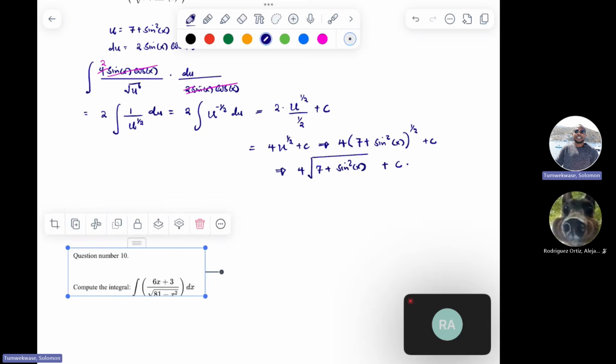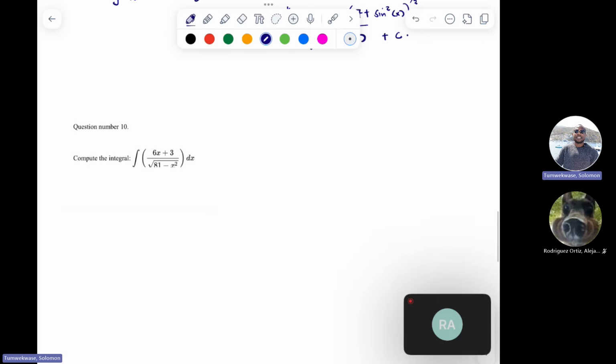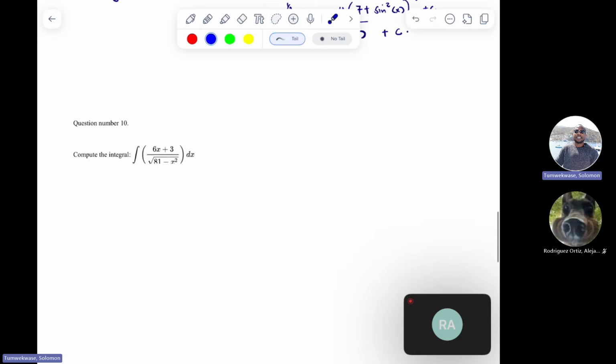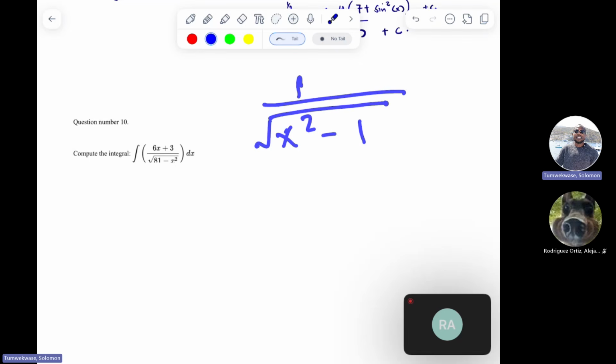For me, finally, maybe I chose question 10. I don't know, maybe I think that it is a little tricky, but question 10 looks like something we've done concerning the arctangent. And really, I should remember that when I see 1 over square root of 1 minus x squared, this is arc sine.